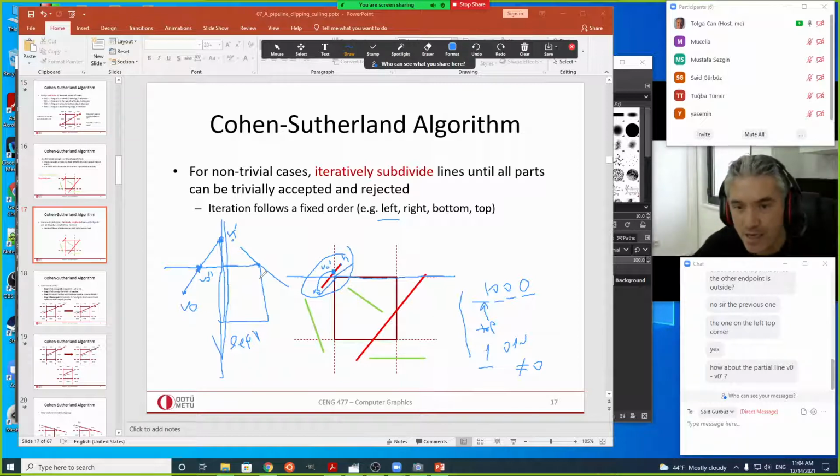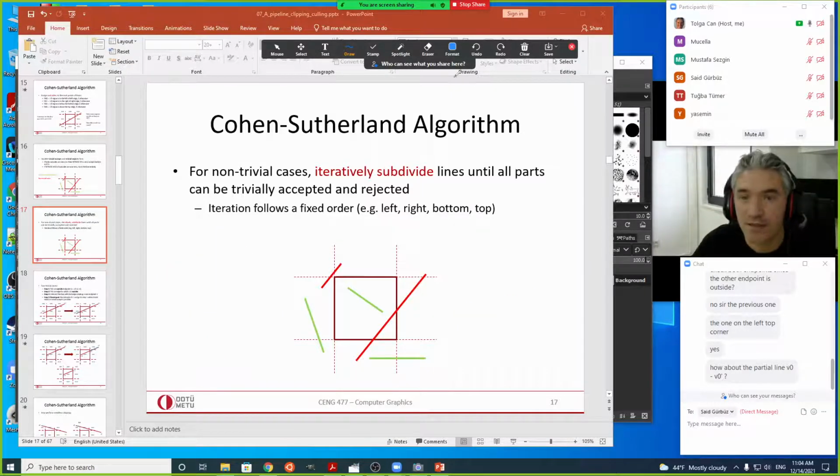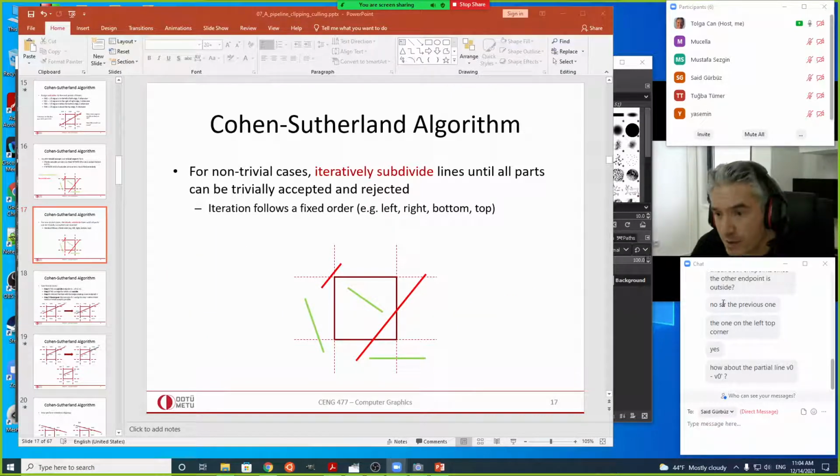That single point is a degenerate line, where V0 and V1 both become exactly the same point, and in that case it will be trivially accepted. So the boundary is considered as inside. I hope this answers your question.